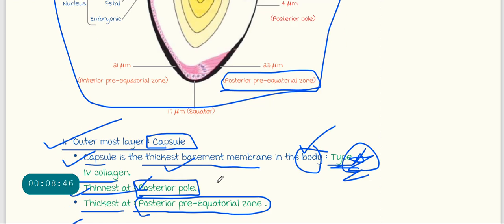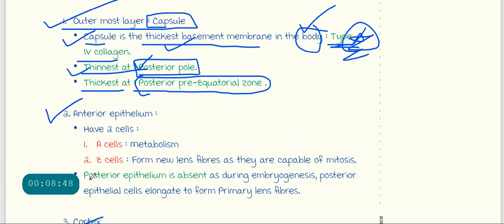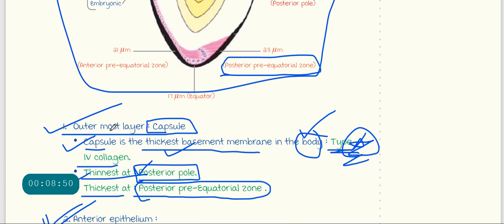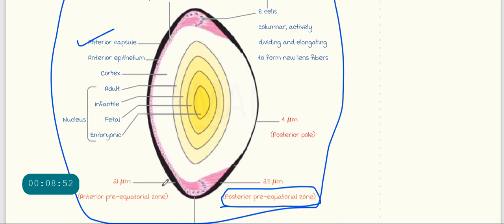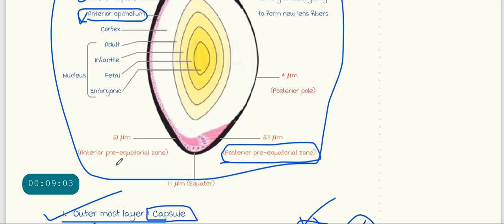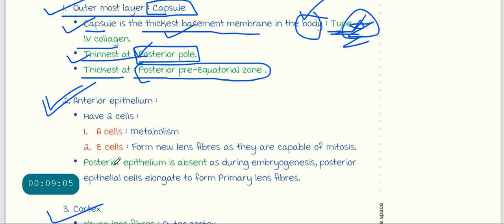Now the anterior epithelium. Let us find the anterior epithelium in the diagram. Here is the anterior epithelium, which is marked by pink color. The anterior epithelium has 2 types of cells: the A cell and the E cell.